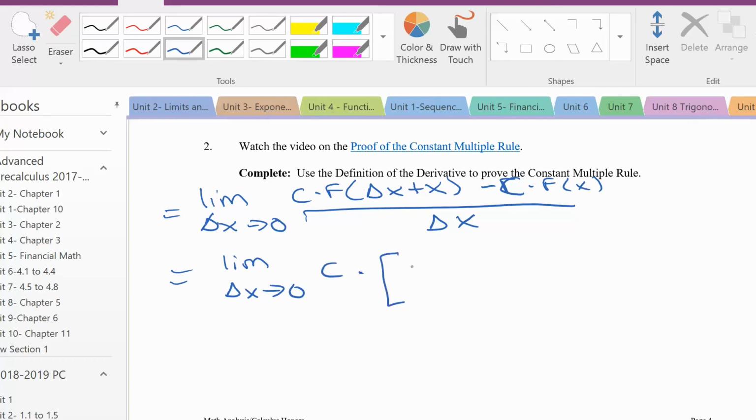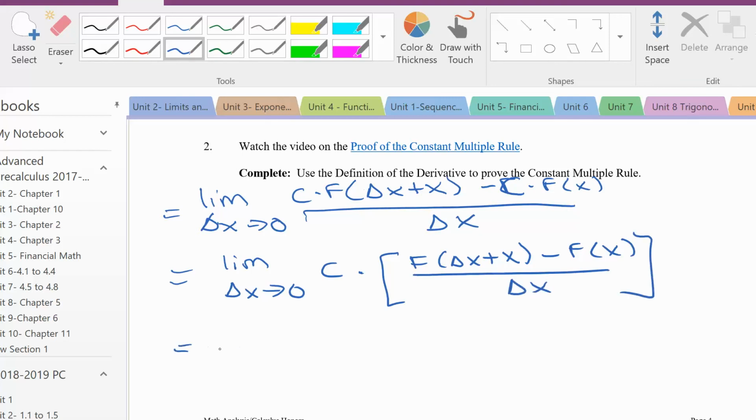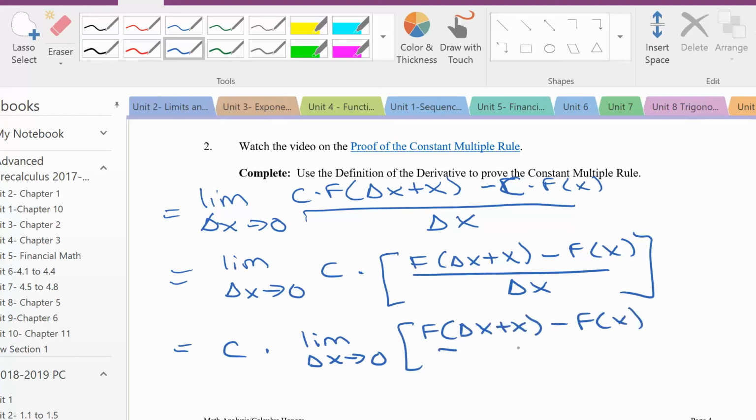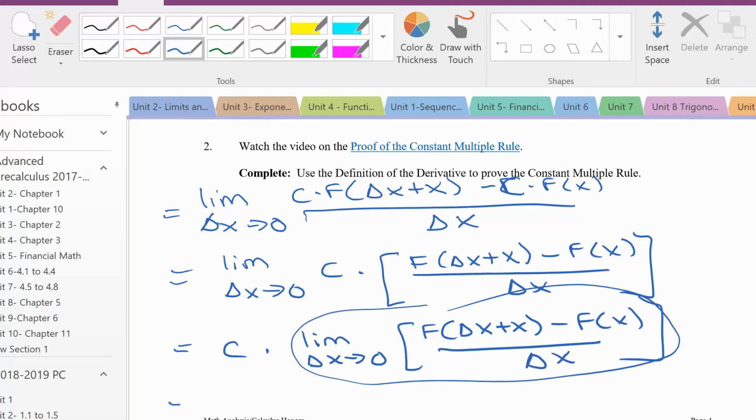So we get that times f of delta x plus x minus f of x all over delta x. So that means that it's the constant times the limit as delta x approaches 0 of f of delta x plus x minus f of x all over delta x. And notice this here is the derivative, so it's equal to the constant times the derivative of f of x. So that's how you prove it.